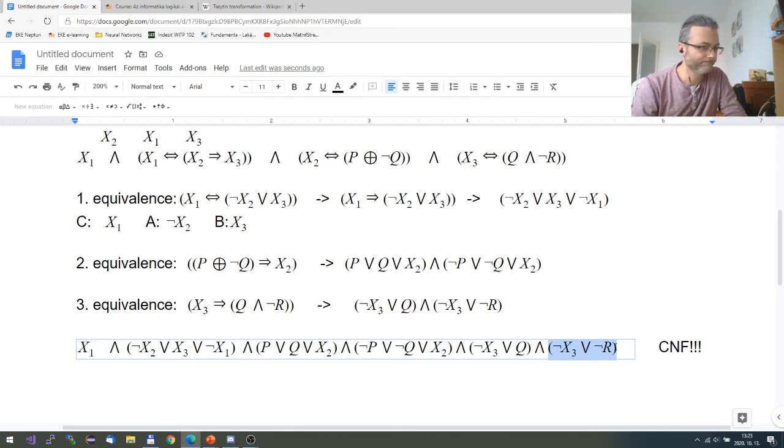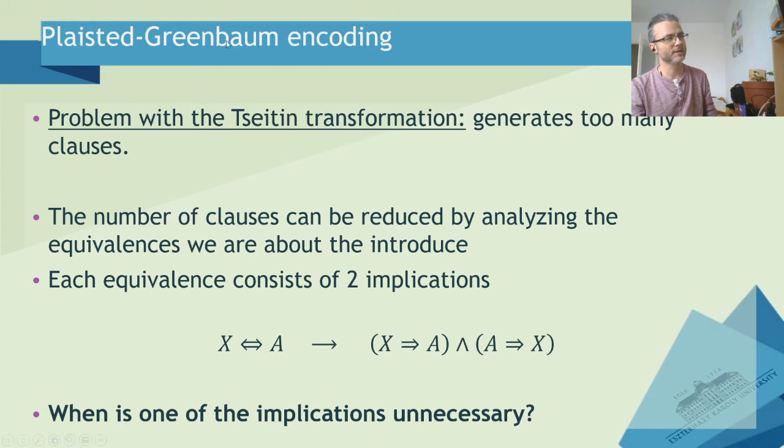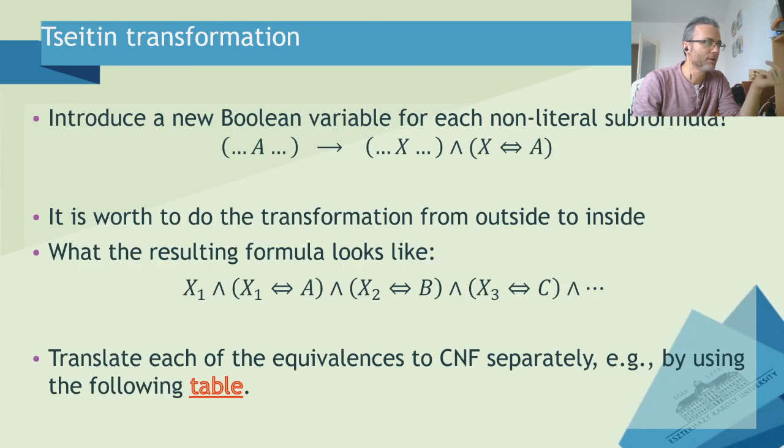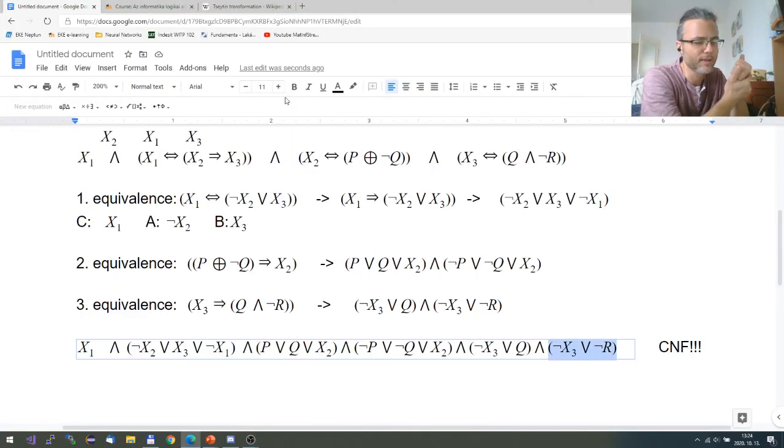If you didn't use this optimization of Plaisted and Greenbaum, the original Tseitin algorithm, I think, generated 11 or 12 clauses. I'm not sure. You can check this out if you want as homework. So basically, we have the number of clauses, and that's it.